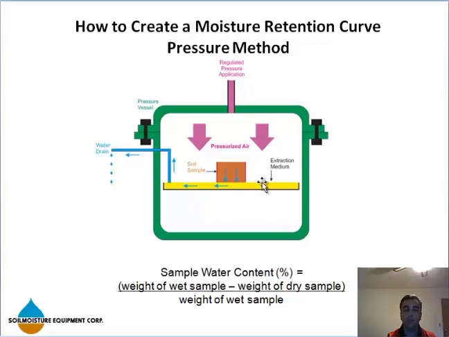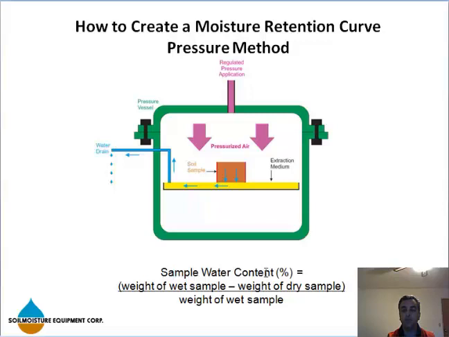In other words, the moisture level of your sample is at 1 bar. Okay, you can open the extractor, take off your sample and weigh it wet, then dry it and weigh it dry, and come up with your moisture content.